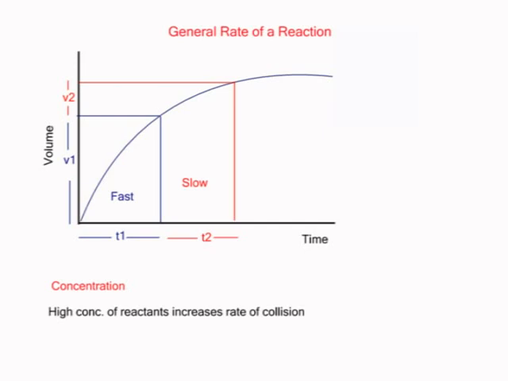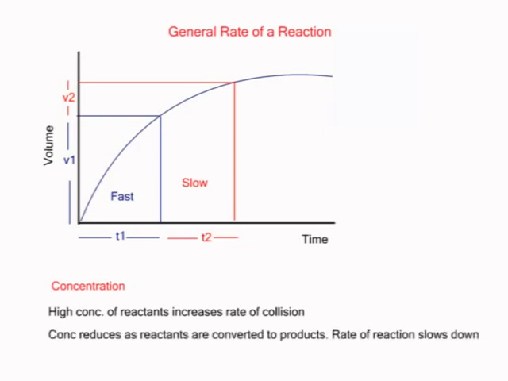But you realize as more and more reactants are being converted to products, the concentration of the reactant is going down. So the rate of reaction is bound to go down. So the explanation for this nature of a curve is that as the reaction proceeds, the reactants are converted to products, and therefore the concentration goes down, and thus slowing down the rate of a reaction.